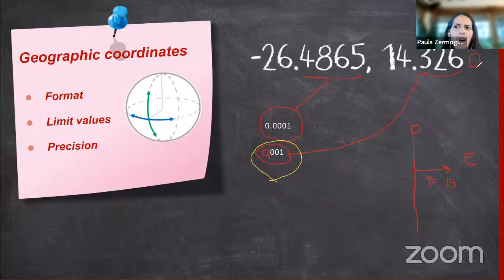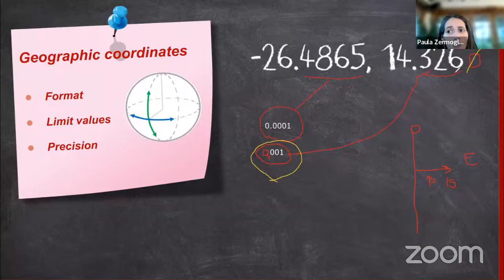Now I want to go back to what Cecilia was saying on the chat. What if there is actually a 0 here that we're not seeing because it's truncated or rounded or whichever of those options? Well, first, we're not seeing it, and so we cannot assume that it's there. If we're given these coordinates, we don't know if there is a 0 or not.